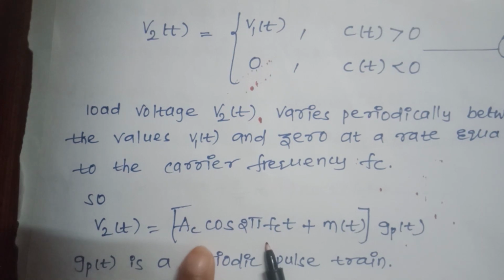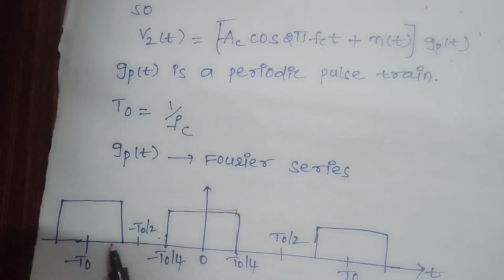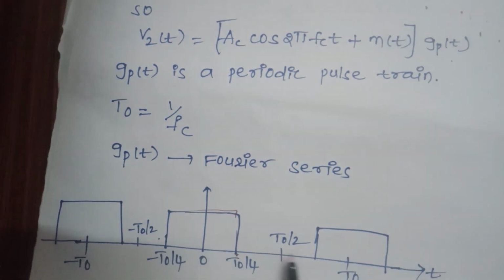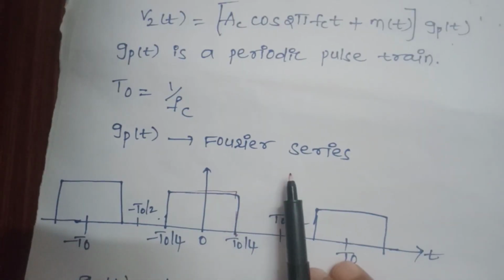Next, gp(t) is a periodic pulse train, so you can represent it in terms of the Fourier series.